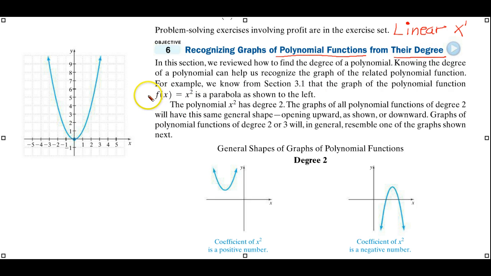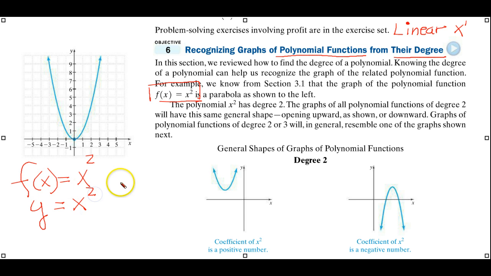So if you had something like this, I'll write it here big: the function of x is x squared. Now remember, we could put a y value there, substituting for the function symbol. And if we made a t-chart and put various points, we would find that when we put these values into a graph, it makes this sort of figure.